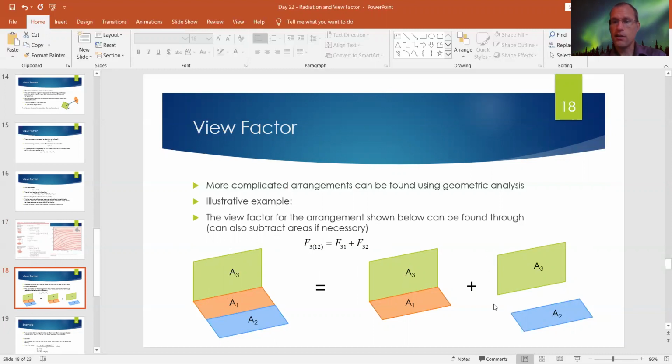So if I want to find this one with a hole in it, I can take this big one, F3,(1,2), and subtract F3,1, and that's going to give me F3,2. Basically, just take this equation and move F3,1 over there, and that gives me F3,2 based on 2 geometries that are in that table. So I can find those 2 from the table, subtract them, and find this one.